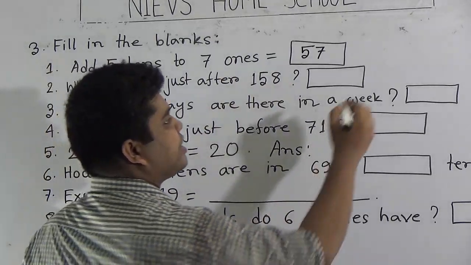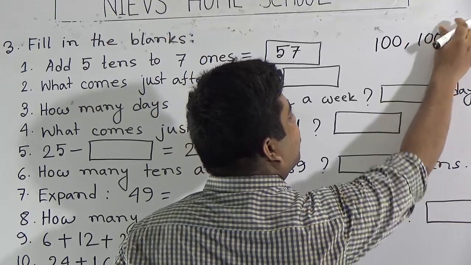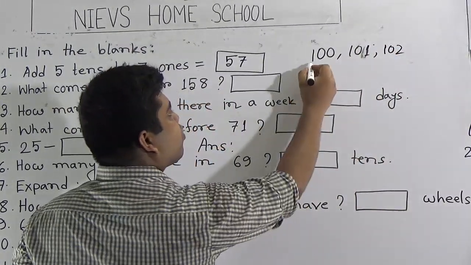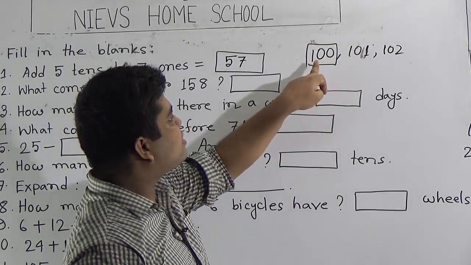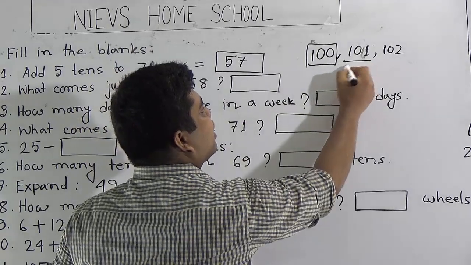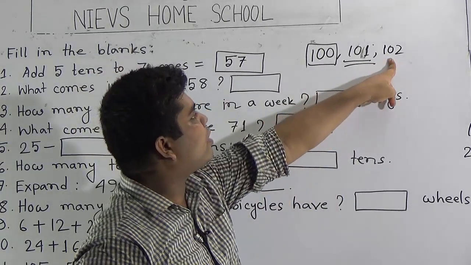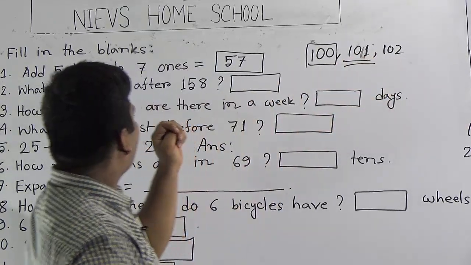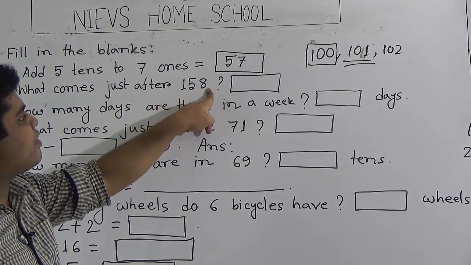What comes just after 158? My dear students, notice 100, 101, 102. 100 is the before number of 101, and 102 is the after number of 101. Just like this, we need to find out the after number of 158.